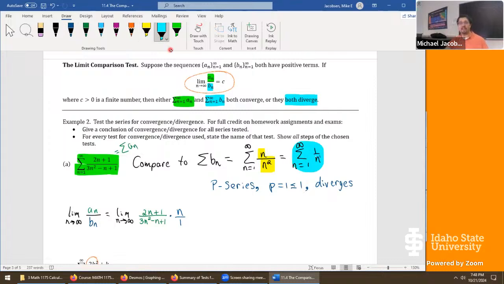Let me highlight that just to convey that's Bn. Then this turns into the limit as n goes to infinity of, across the numerator, 2n squared plus n, and across the denominator, 3n squared minus n plus 1. So notice it was a really good idea to simplify here, not just so we can test the series in a good way, but also to simplify the algebra to this stage.